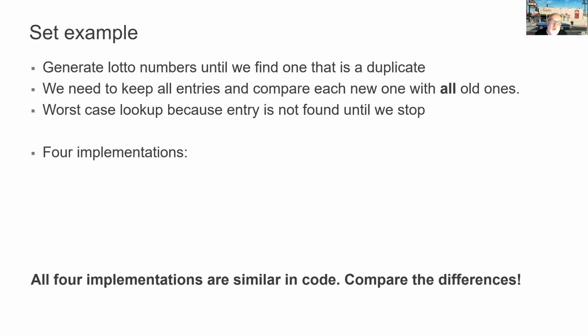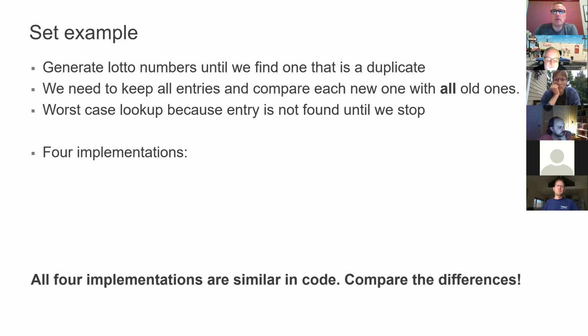So we need to keep all generated Lotto numbers as we generate them and compare each new one with all old ones. The worst case lookup, because the entry is not found until we stop. It's surprising, any given Lotto number, it's impossible to ever generate any particular one. But if you generate so many, each new one you compare, there are so many old ones that it's actually relatively quick that a duplicate is found.